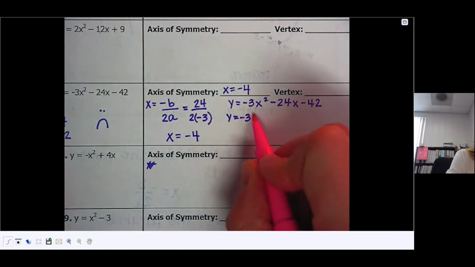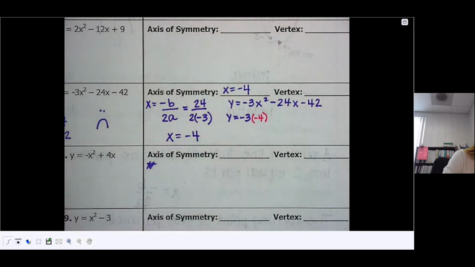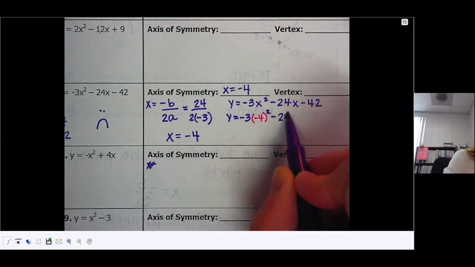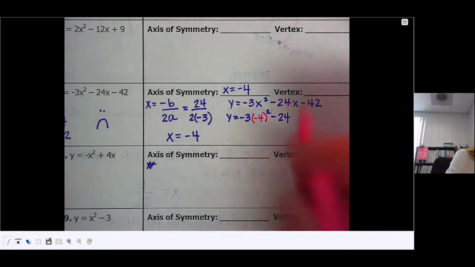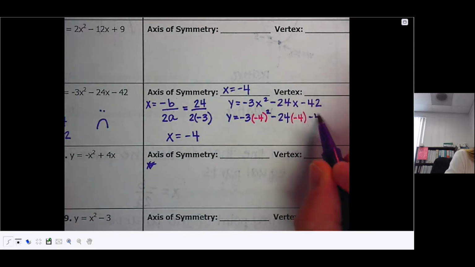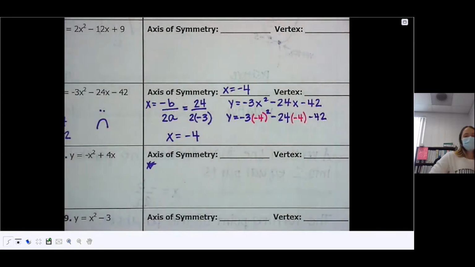You still put the square? Mm-hmm. Better be real careful with your signs. Use a calculator.